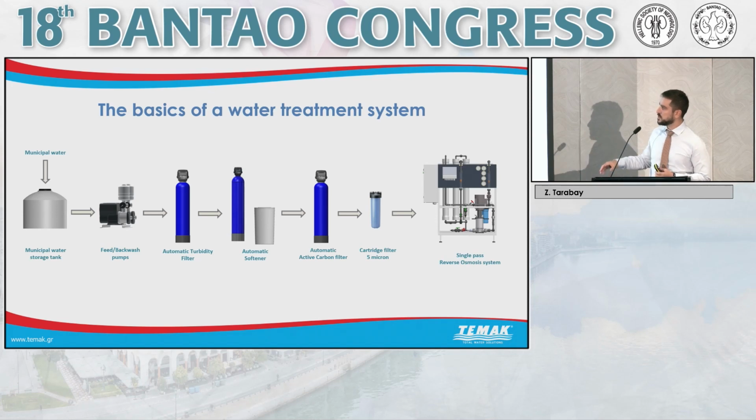Something to keep from this is the pre-treatment steps: we have the turbidity filter, which removes the suspended solids, then the softener, which removes the hardness from the water, the automatic carbon filter, which removes the chlorine in the water and also any organic content, and the 5-micron cartridge filter, which removes anything above 5 micron, basically making the system ready for the RO step.